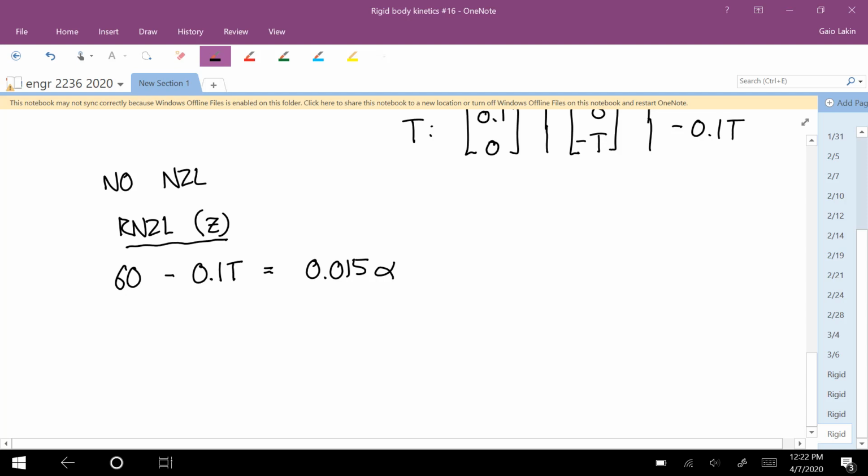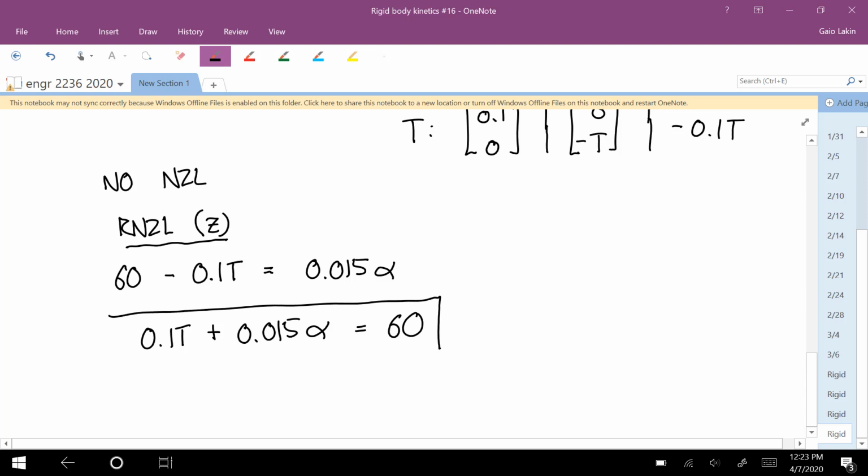And so we have a second equation now that says, I'll write it as 0.1 T plus 0.015 alpha is equal to 60. That's our second equation.